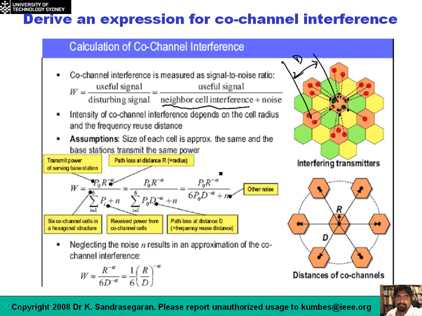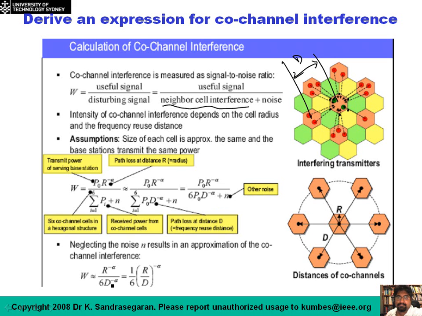Now there are quite a lot of assumptions made to get a simplified expression. If you neglect the effect of noise, and remember we are considering a point at the edge of this cell, which we are approximating to capital D, that's why you have 6 terms from the 6 interfering sources.